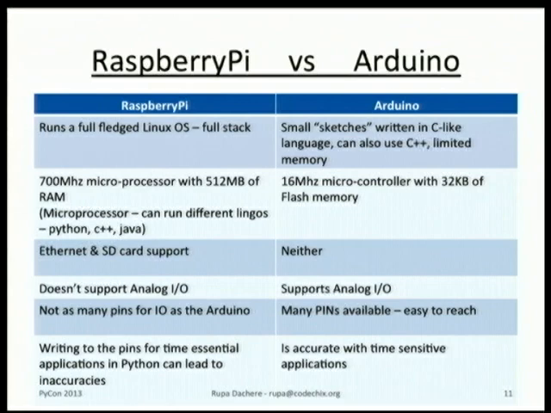And the last point I wanted to mention, which I got from a Google search, is that apparently the Arduino is better with time-sensitive applications, and the Raspberry Pi has some hiccups with that. I haven't really tested this yet, but once I get this working reliably, my next step is to shuffle it around a bit and see if it is true or not.